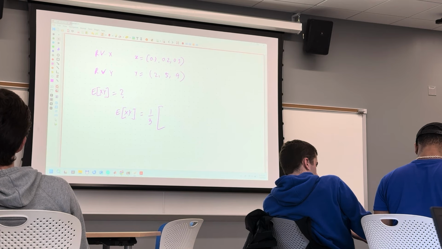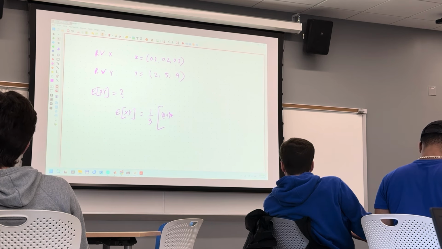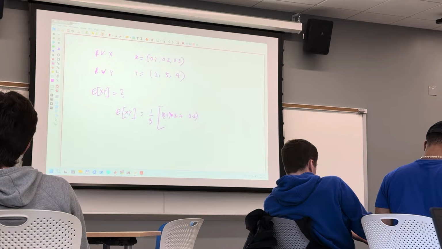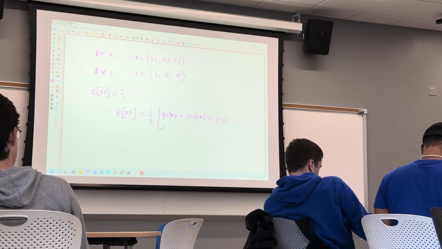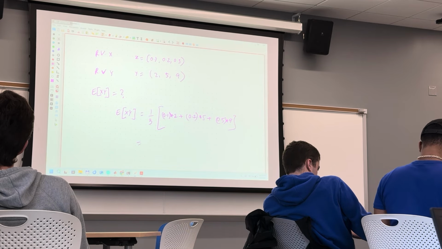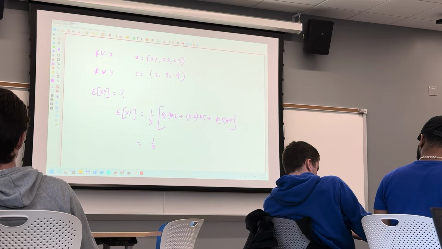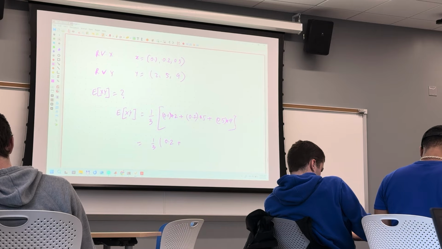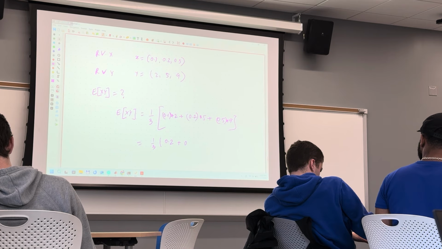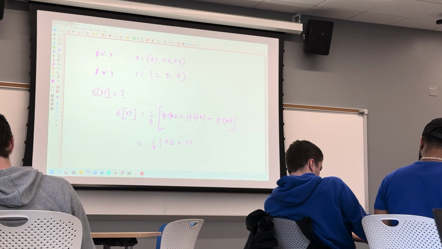So 0.1 times 2 plus 0.2 times 5 plus 0.5 times 9. Okay, so it is going to be 1/3 and then you have 0.2 plus, oh, no, 0.1. 5 times 0.2 is what? 1.0 plus 0.5 times 9 is going to be 4.5.